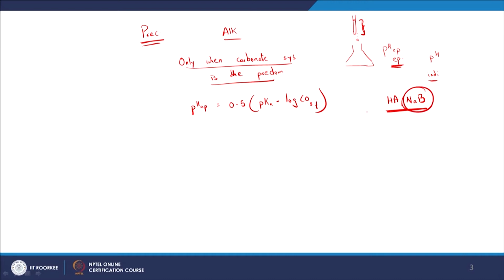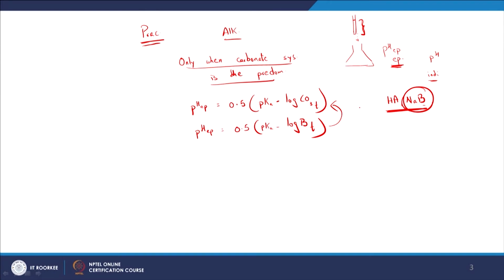We calculated pH at the equivalence point equal to 0.5 times pKa minus log B total. But obviously, in this case your B is CO3, and that is why we end up with this equation.